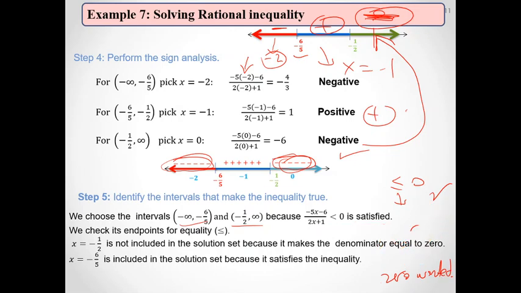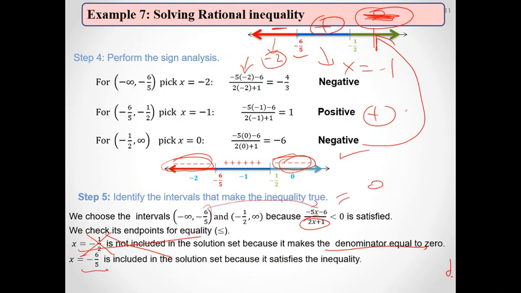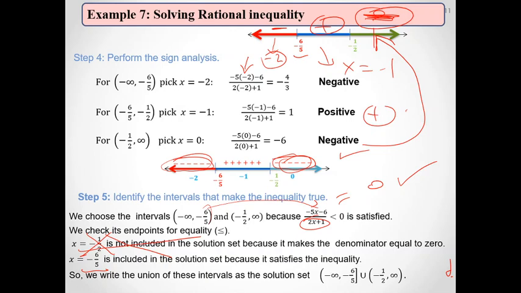-1 over 2 is always out of the question because it makes the denominator 0. It's automatically not included. But -5 over 6, when you put it here, makes 0, and this is wanted. So you write the solution this way.